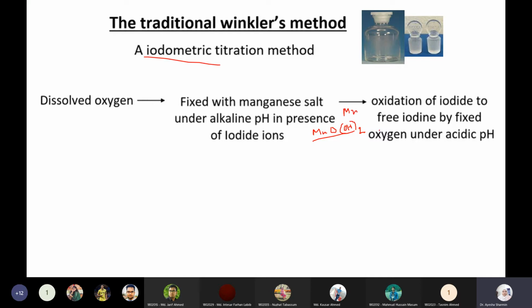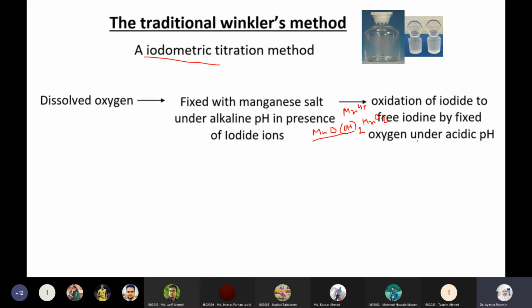First you have Mn(OH)2, and with the dissolved oxygen that's present it will make MnO(OH)2, and then it will again react with the iodide and make iodine and Mn2+. Okay, so you can see there are a lot of oxidation state changes, which is driving the iodide into iodine. So that's a redox system.